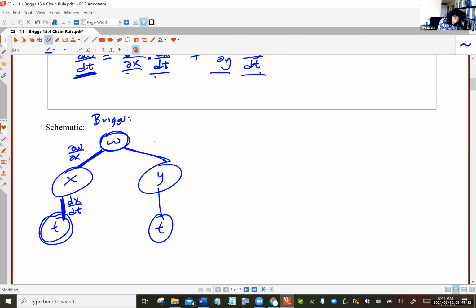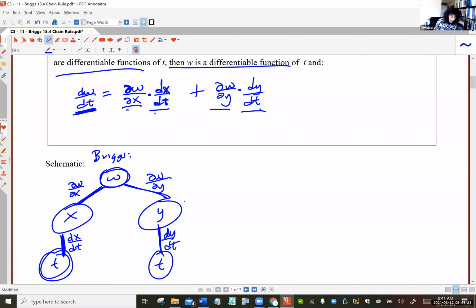And then along this branch, you take the partial of W with respect to Y. And along this branch, dy/dt. Hopefully you'll see that this schematic helps you get all the four different derivatives that you need in this formula if you follow the branches on your schematic.